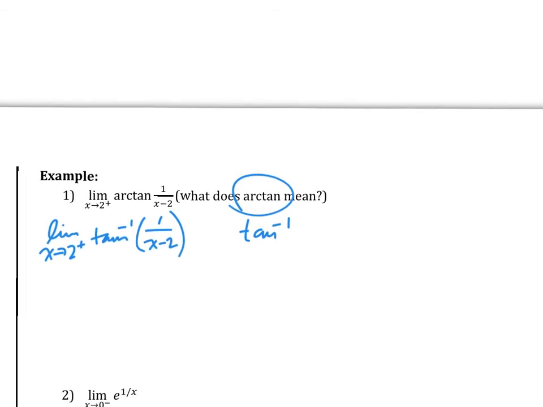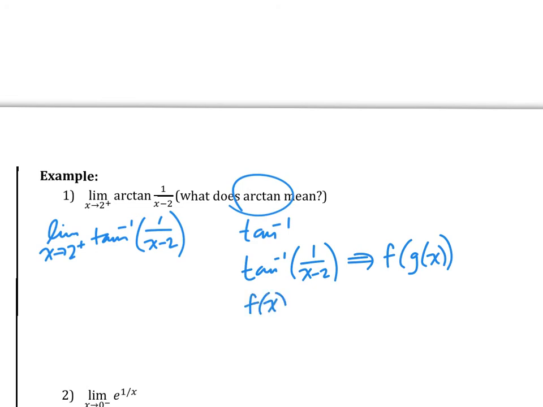We think of this as a composed function, a function inside the other. We're saying that f of x is inverse tangent, and g of x is 1 over x minus 2. So we have two functions composed together.